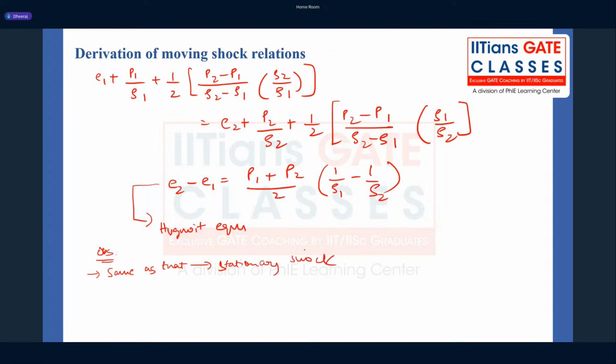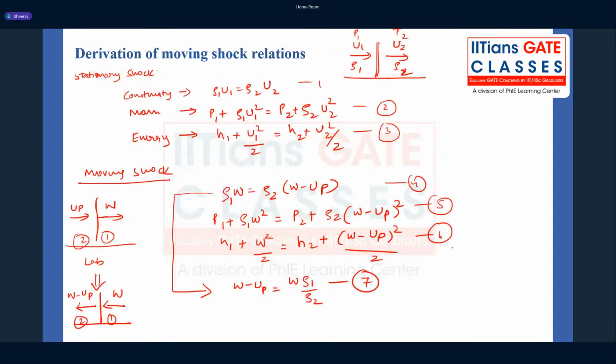So for a moving shock or a stationary shock, my Hugoniot equation remains the same. If I have to again get those ratios, we find P2 by P1, T2 by T1, rho 2 by rho 1. To find these, the three equations have to be solved numerically.